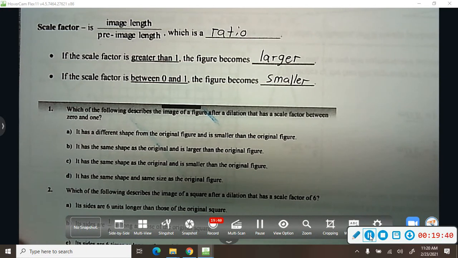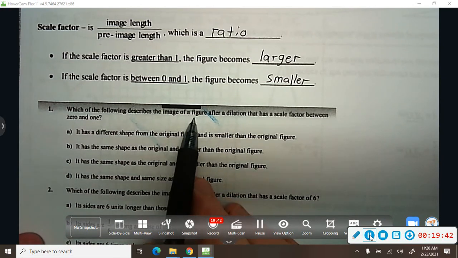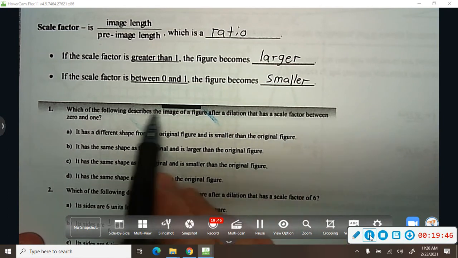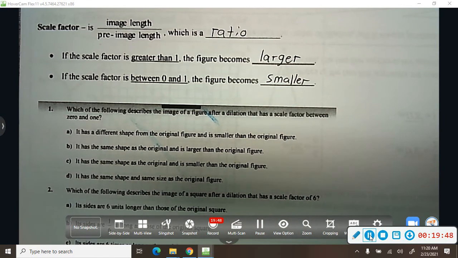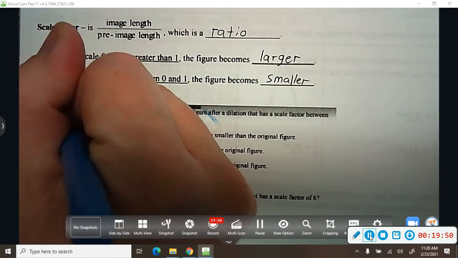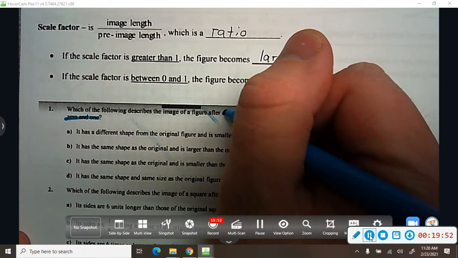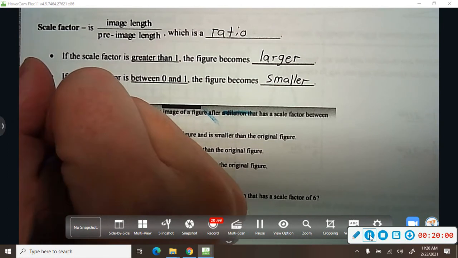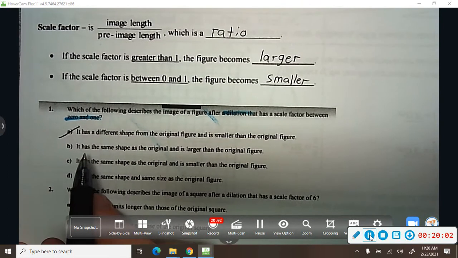So which of the following describes the image of a figure after a dilation of a scale factor between 0 and 1? Option A, it has a different shape. Nope, when you dilate, it keeps the same shape. Can't be that. It has the same shape, the same shape, the same shape.